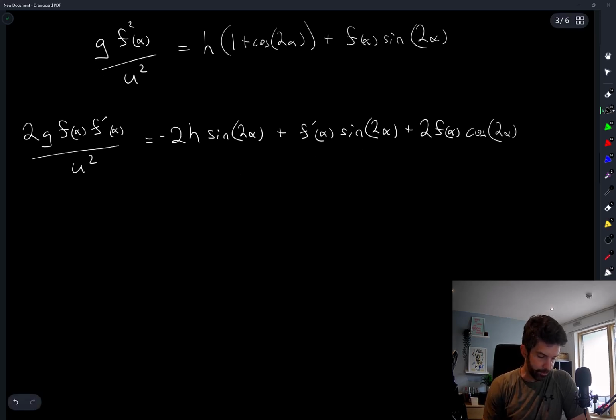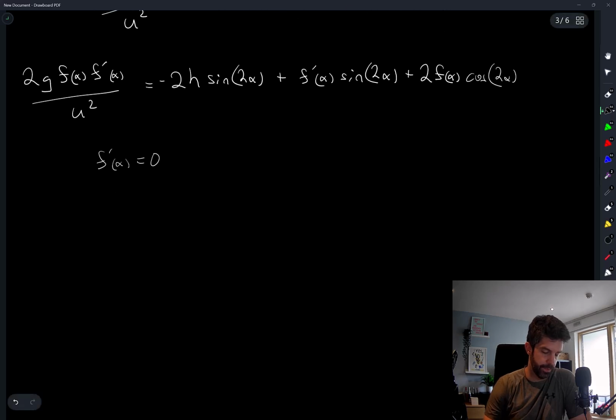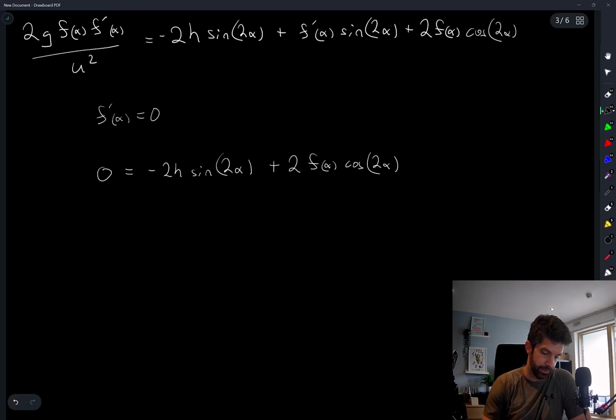Okay, now when this function f of alpha reaches a maximum, f prime of alpha is equal to 0. So substituting f prime equal to 0, we get 0 is equal to negative 2h sine of 2 alpha plus 2 f of alpha cosine 2 alpha.